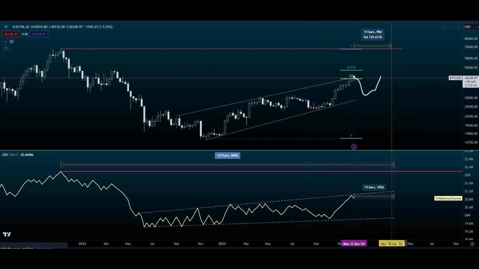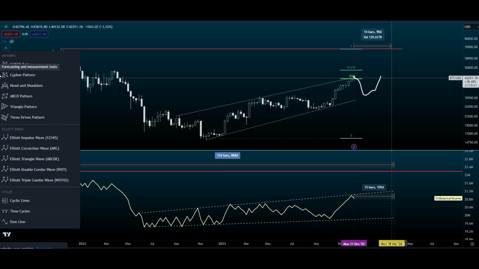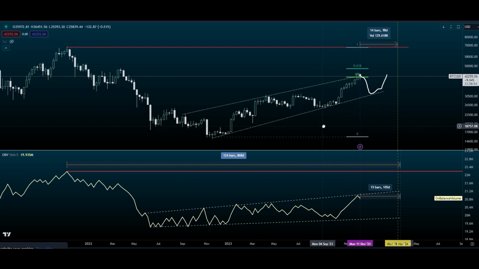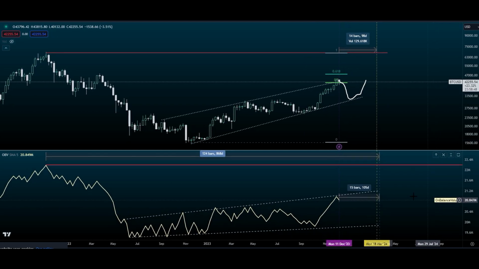So if we did see a dip, then I would anticipate that there would be quite a lot of demand for that dip. So that's another thing, and this sort of structure would give the OBV much more time to potentially break out of the channel that it's in currently, and if it did, it may move up to the highs quite quickly.